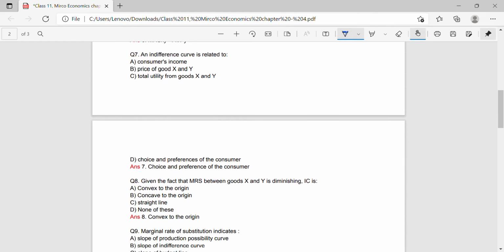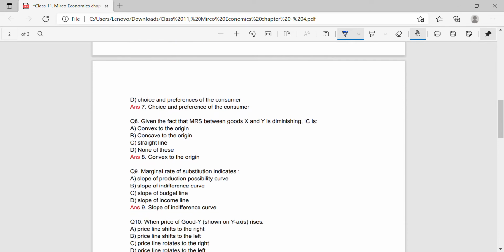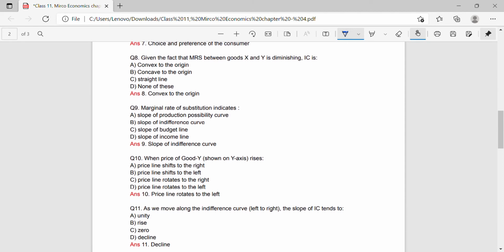Question 7. An indifference curve is related to: option A, consumer's income. Option B, price of good X and Y. Option C, total utility from good X and Y. Option D, choice and preference of the consumer. Correct option is option D. Question 8.